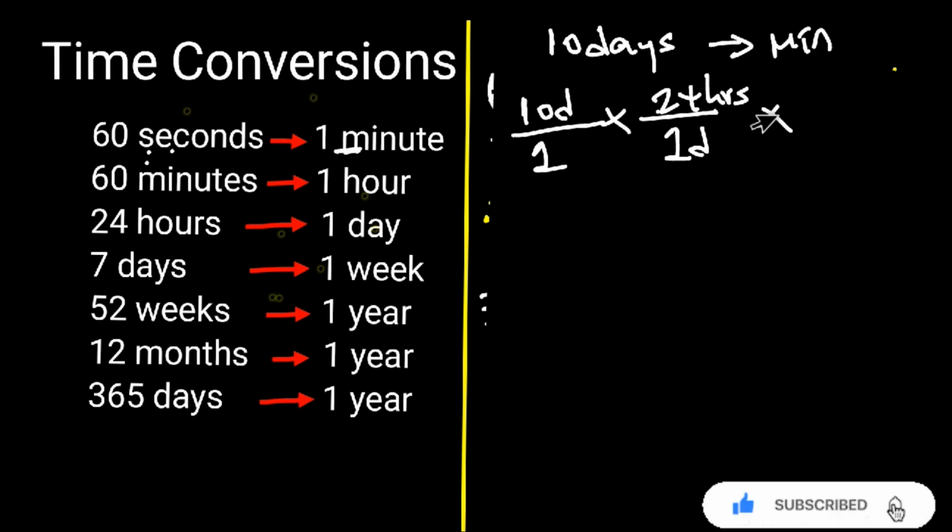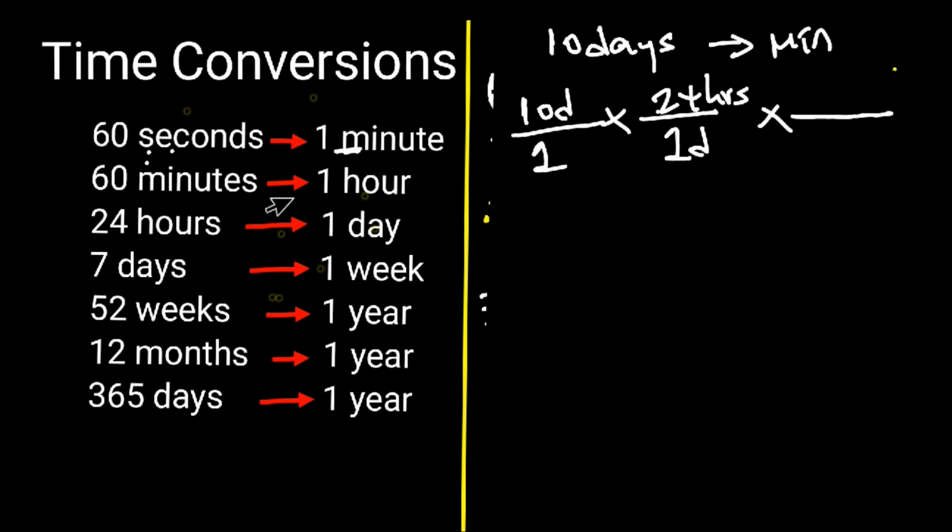Then after hours we have minutes, and so we have that 60 minutes make 1 hour. We are going to stop because we want to convert from days to minutes.